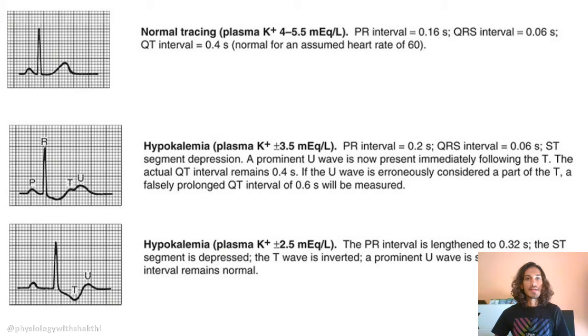Okay, so let's come to this and try to understand what happens. Now when you look at this and try to decipher what is happening, everything will be much more clear to you. So this is your normal tracing, the P, QRS complex, T wave. Okay, so QRS is the depolarization, the J point is there where everything is depolarized, and from here on repolarization is starting.